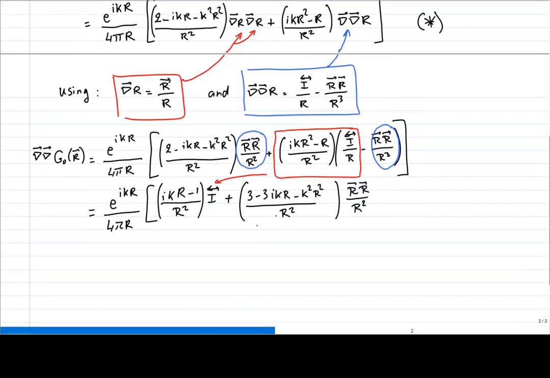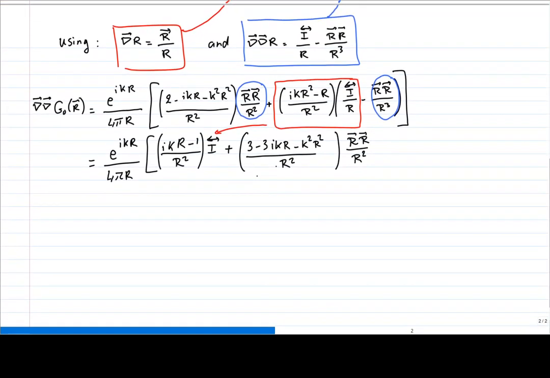Now we are closing in on the end. What we need to do from there is simply inject those things into the actual expression of the Green tensor, the dyadic Green function.